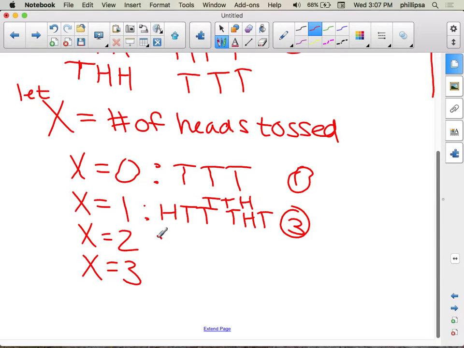Okay, 2 heads would have been another 3 times, right? So that would have been tails, heads, heads, or heads, tails, heads, or heads, heads, tails. And then finally, 3 heads would have only happened 1 time.